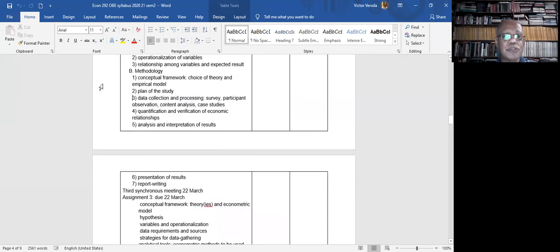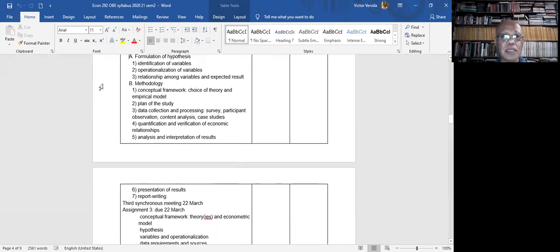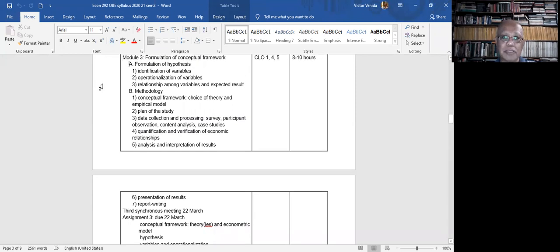You're supposed to have submitted your conceptual framework, which is the choice of theory and empirical model, and also the statement of the hypothesis.